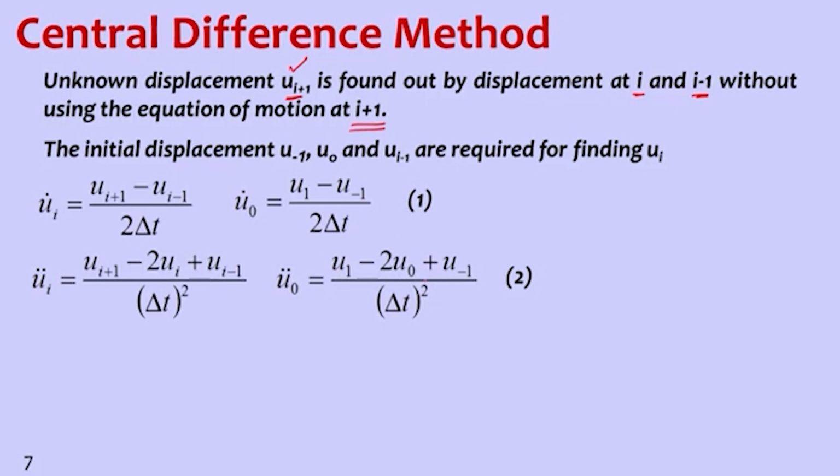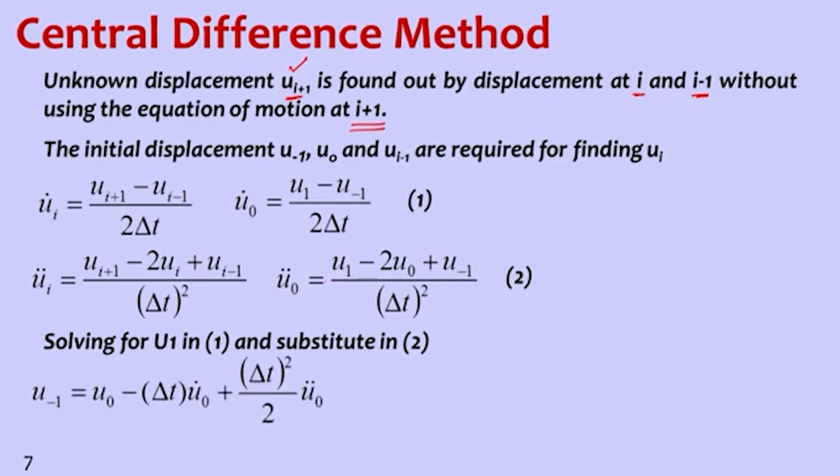So, what we do to find it out is solve for u1, which is unknown here, in this equation and substitute that u1 value in the second equation. So, if you substitute that, we get the u minus 1 term, that is u0, the initial displacement, minus delta t times the initial velocity, plus delta t square by 2 into the initial acceleration.